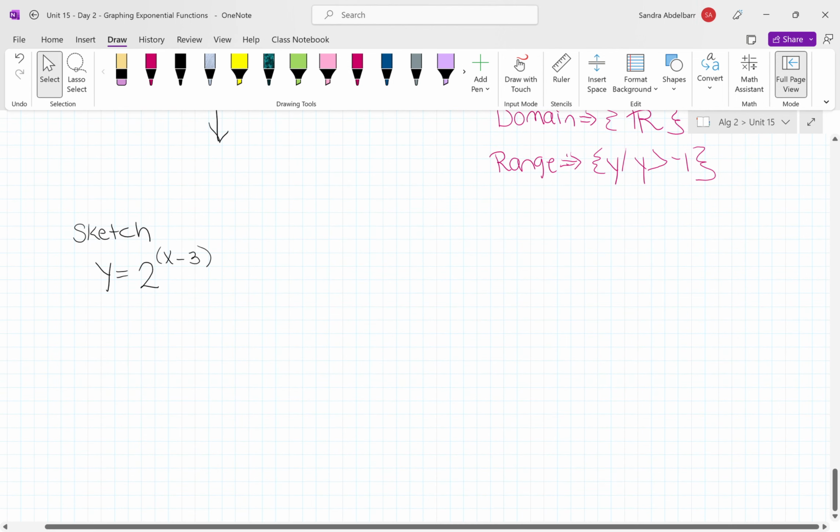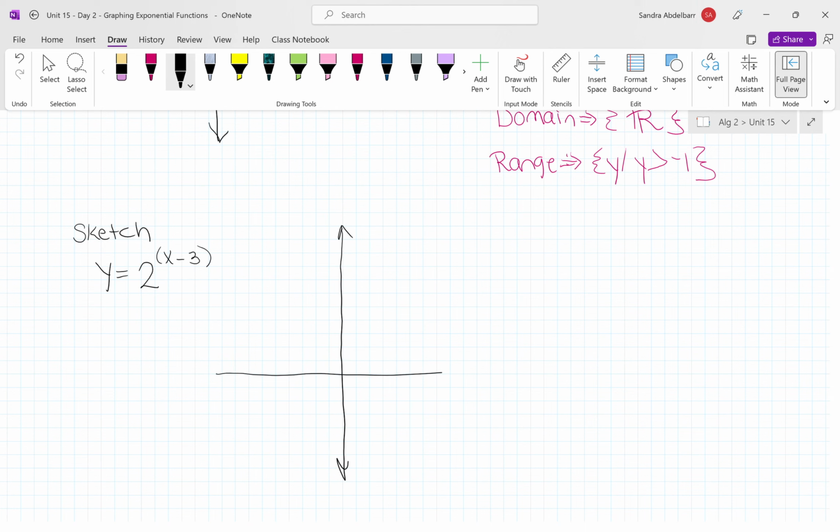All right, so we're going to look at our parent function. Our parent function here would be y equals 2 to the x, where we have our key point at (0, 1), an asymptote at the x-axis. But now what's happening? I'm shifting this key point 3 units where?